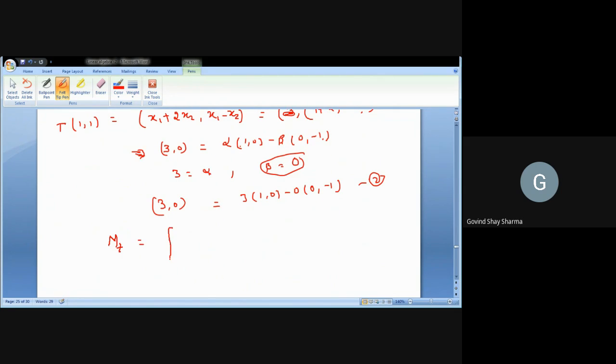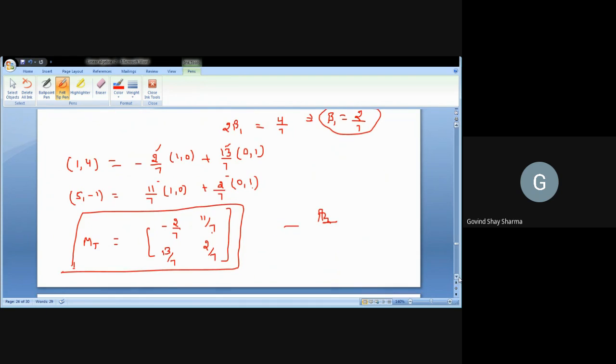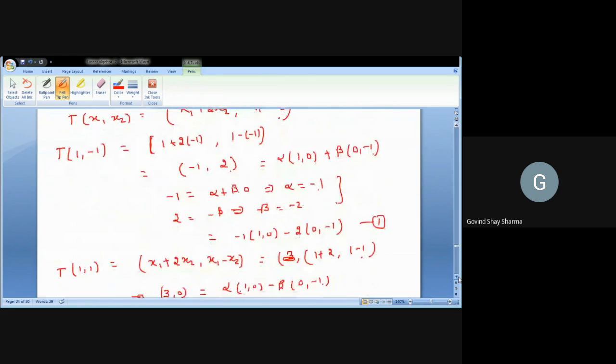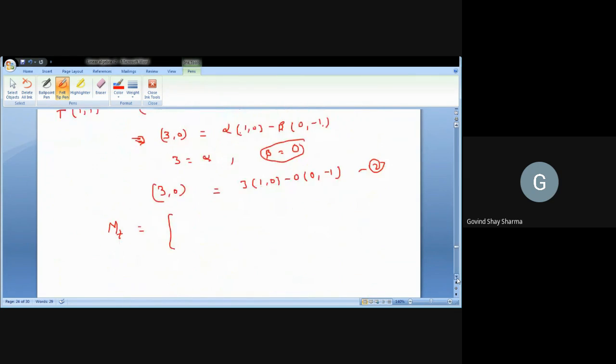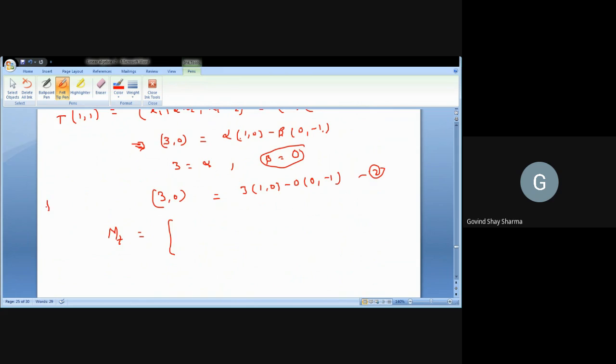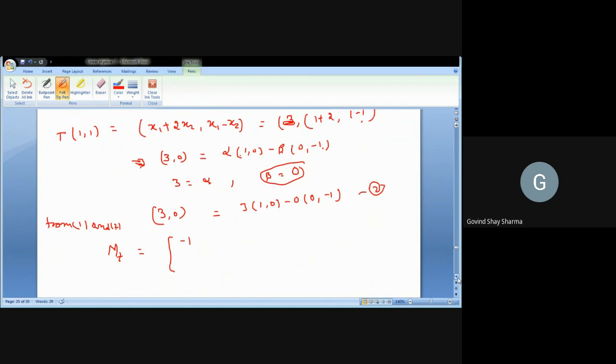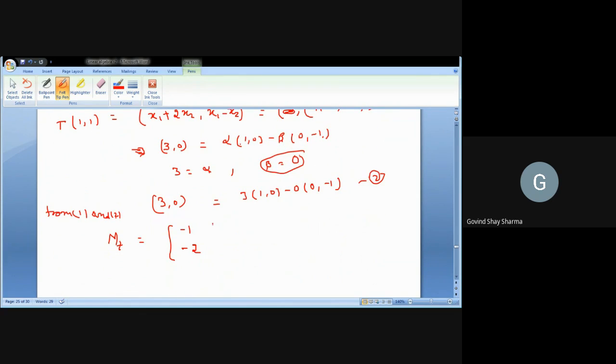So the matrix representation of this, M_T, is the transformation of the basis from R3 and R2. We get the columns (-1, -2) and (3, 0).